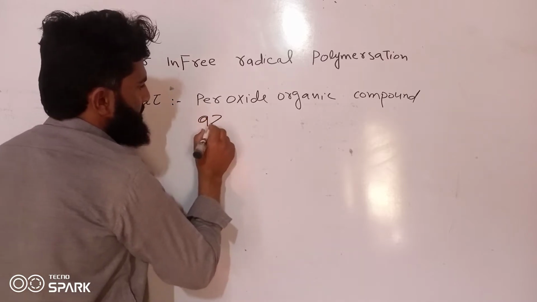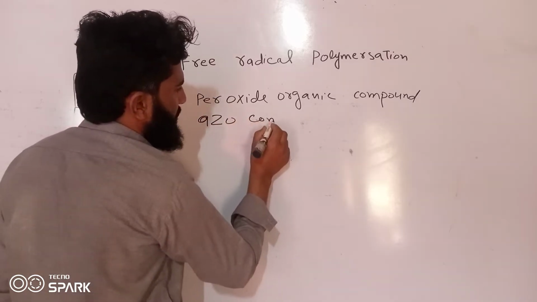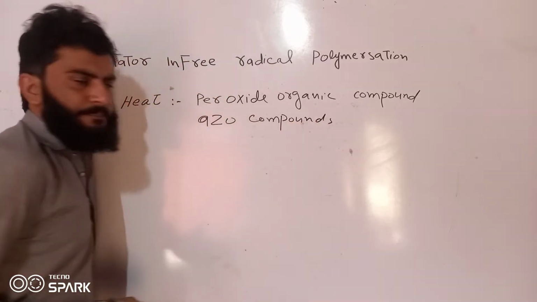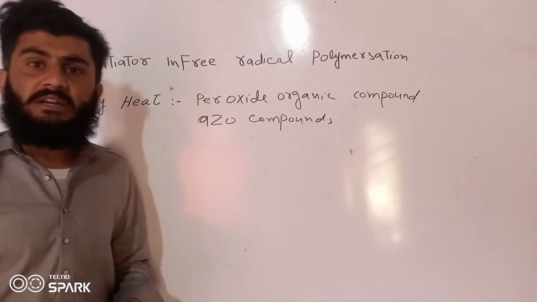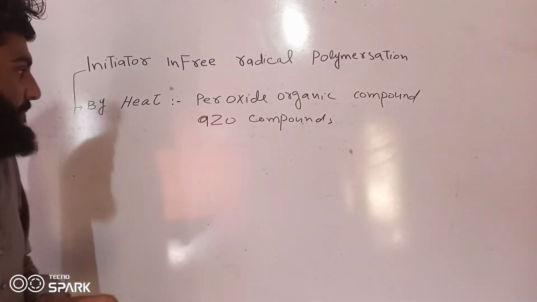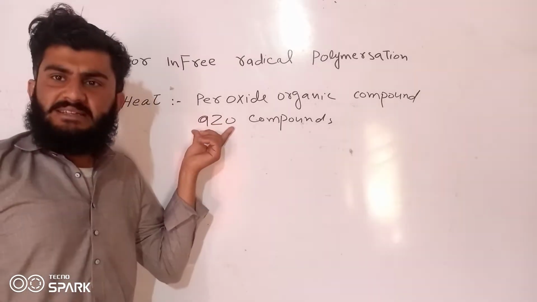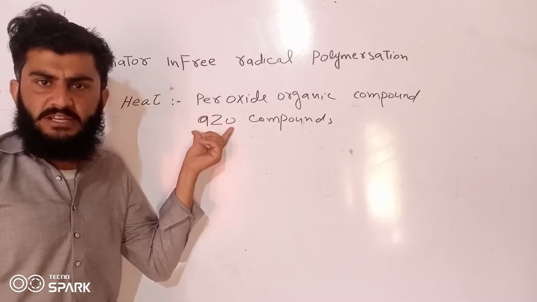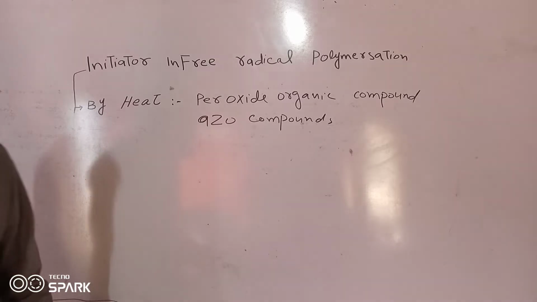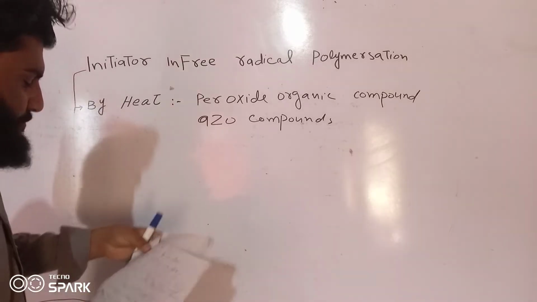From azo compounds and peroxide compounds, we produce different types of free radicals. In industry, we actually use azo compounds. So I want to share some examples.